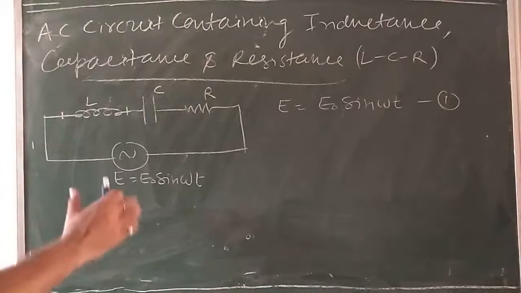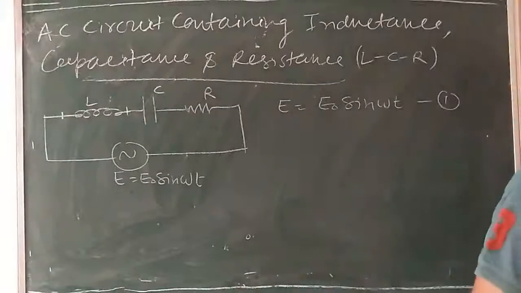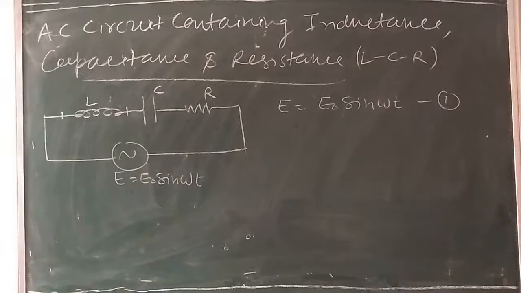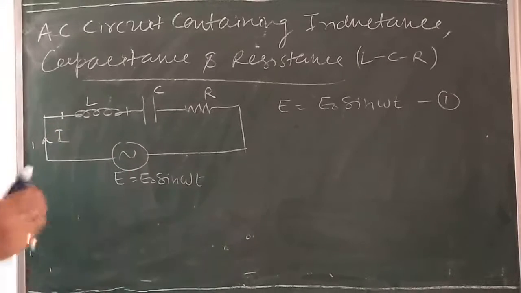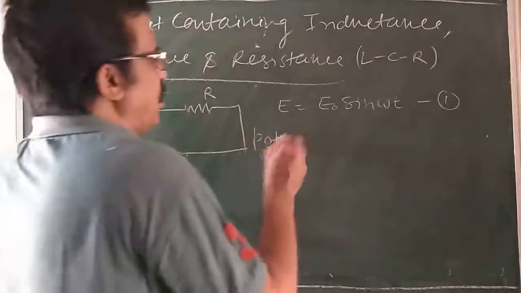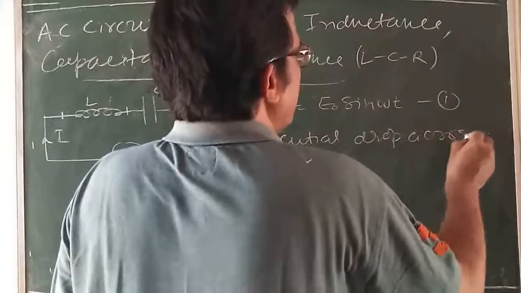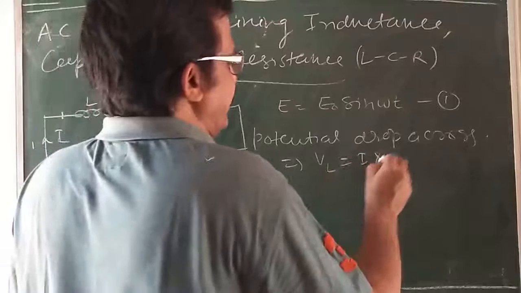Now let at any instant of time t the current in the circuit be I. So the potential drop across L, that is VL, is I into XL.